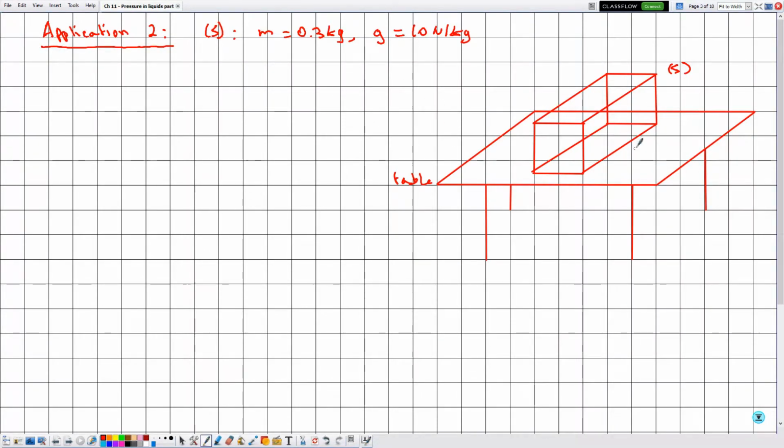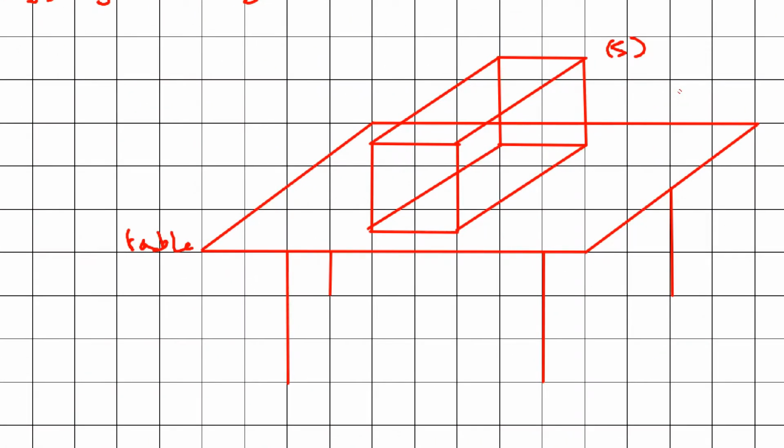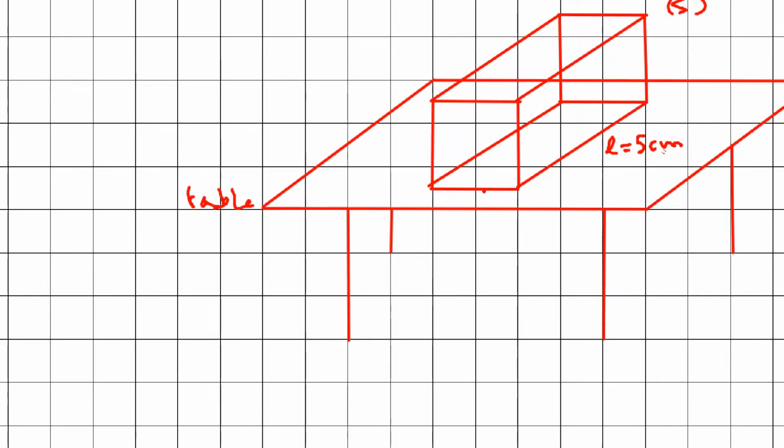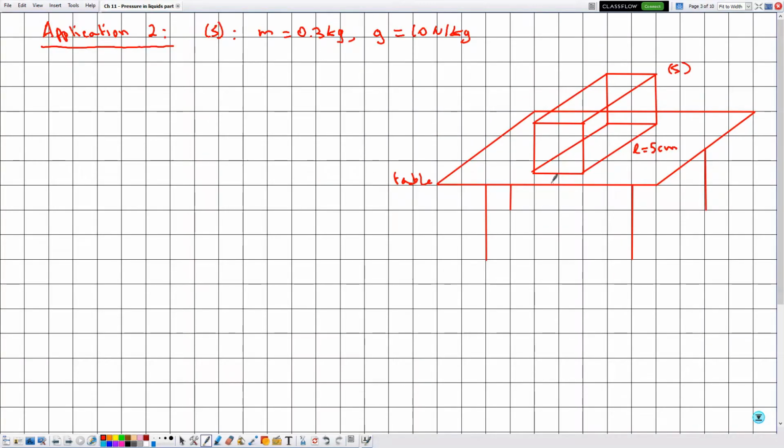And let's suppose that the length of this rectangular prism is L equal to, let's say for example, 5 centimeters, and the width of this rectangular prism, which is the solid S, is W equal to 2 centimeters.